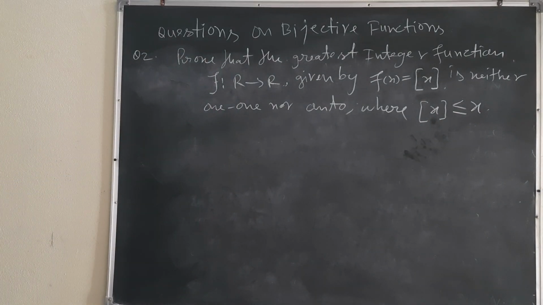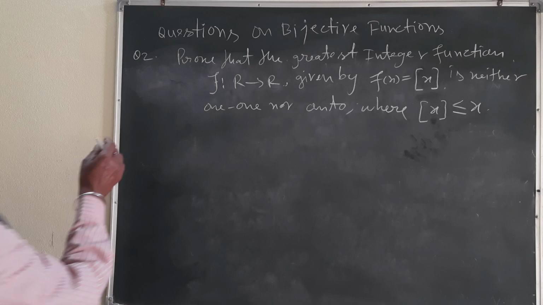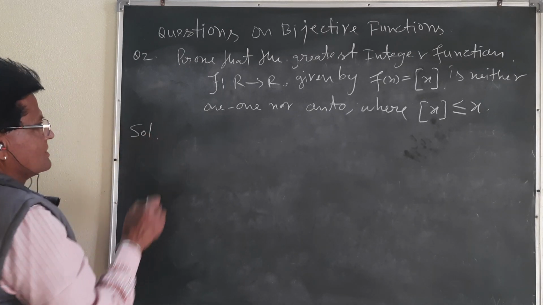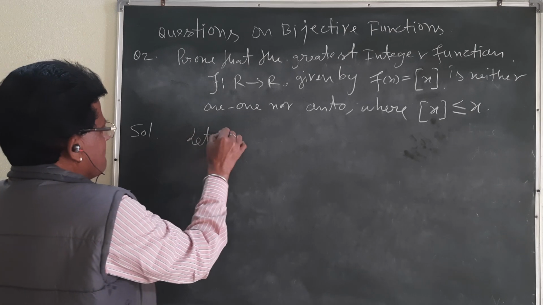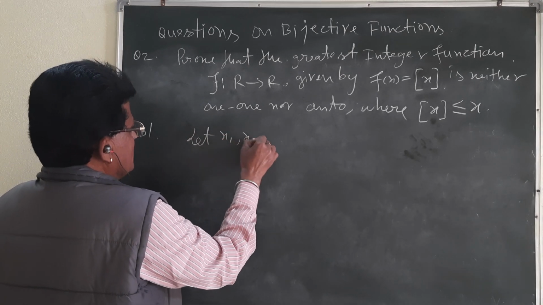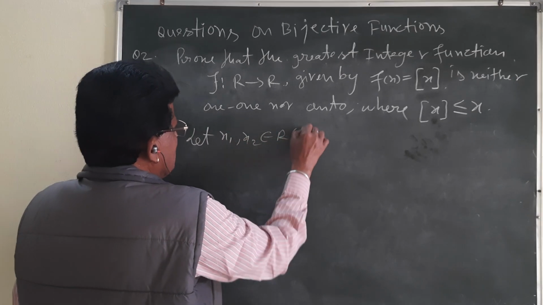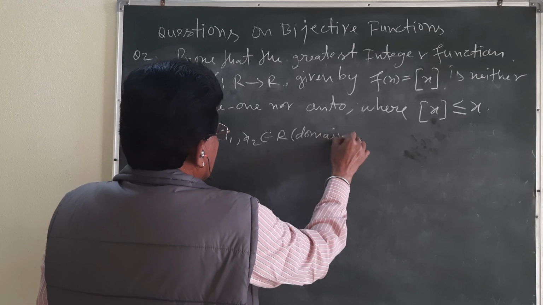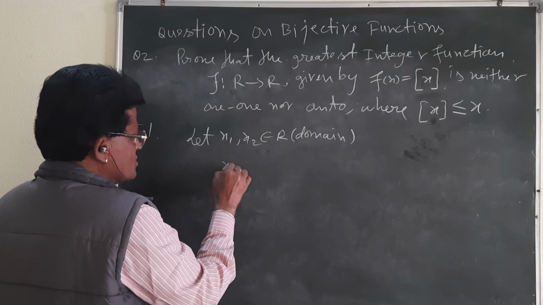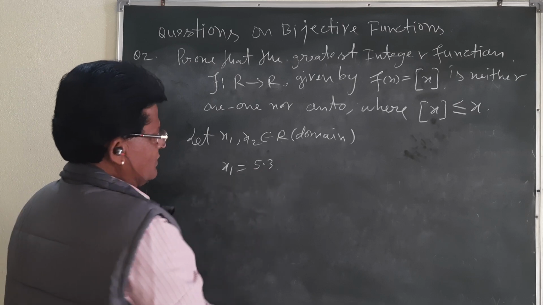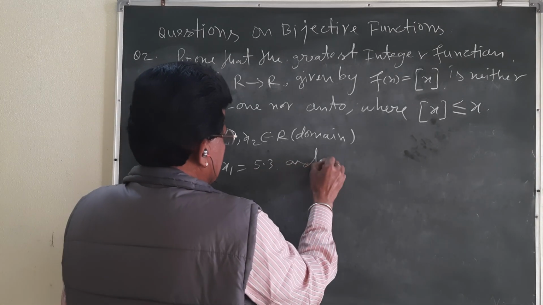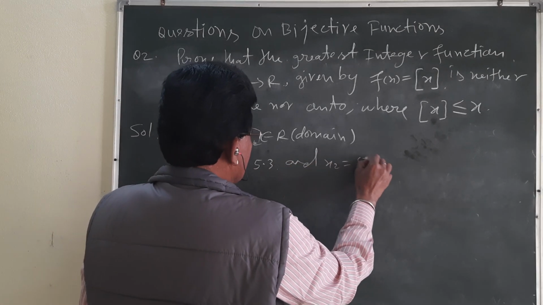Okay, let me take the question now. Solution. Similar kind of solution I will take. Dear student, this is the domain and this is the codomain. Let x1, x2 belong to R, the domain. And I am going to take x1 as 5.3 and x2 as 5.5.